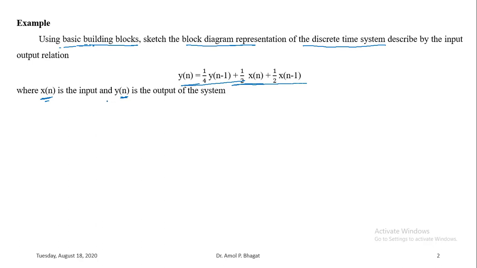So let's try to identify the realization or block diagram representation of the given discrete time system. Here in the solution I am rewriting the given input output equation.